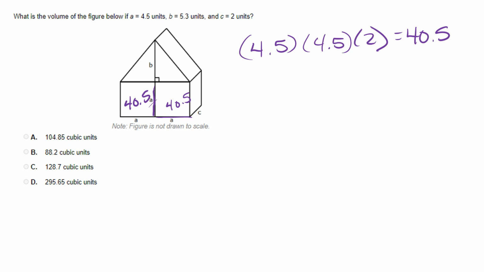So the volume of a triangular prism is the area of the base, which is 1/2 times the base measurement, which is all the way across. That is A and A, which means 4.5 plus 4.5.